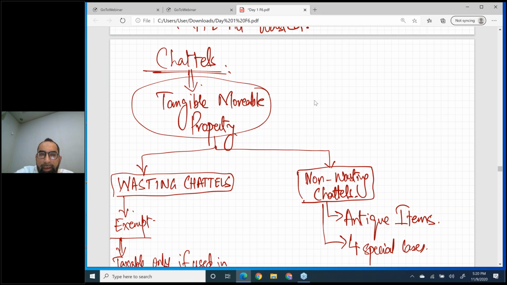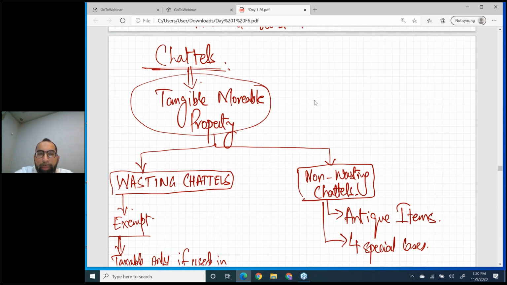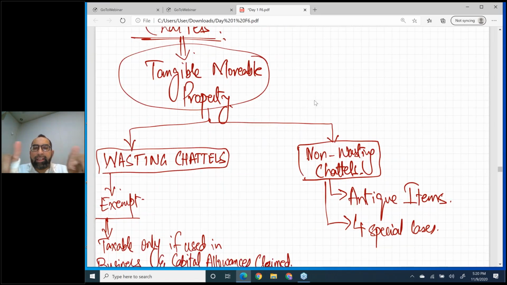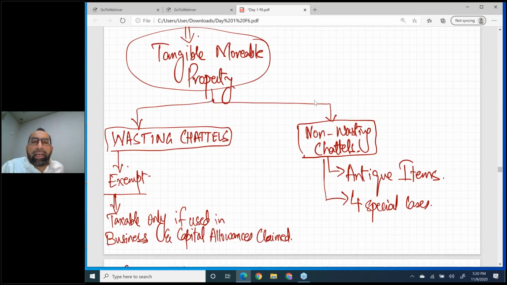The tax department has divided chattels into two categories. The first type is called wasting chattels, and the second type is non-wasting chattels. What is a wasting chattel? One for which the expected life is less than 50 years, right?